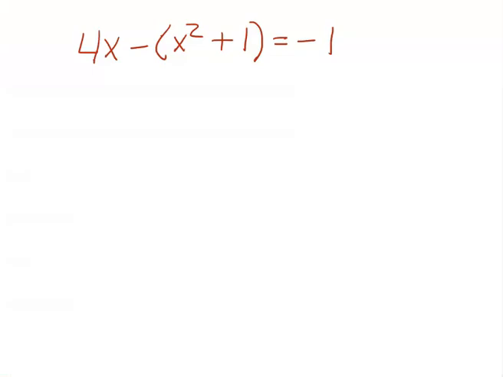And we can use our skill to solve it. So I'm going to put this in standard form, and I'd like this to be positive. So I'm going to put this over to the other side. And I get now a negative.